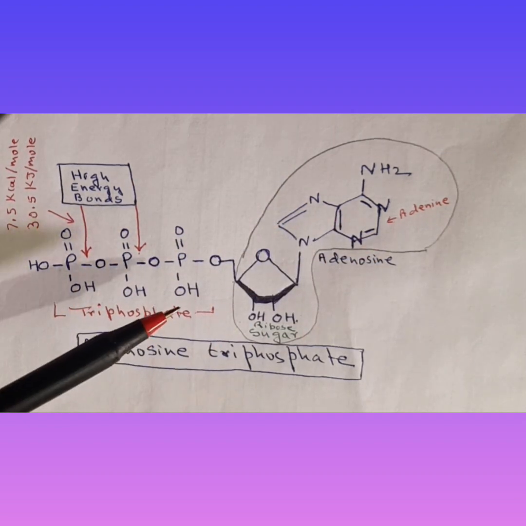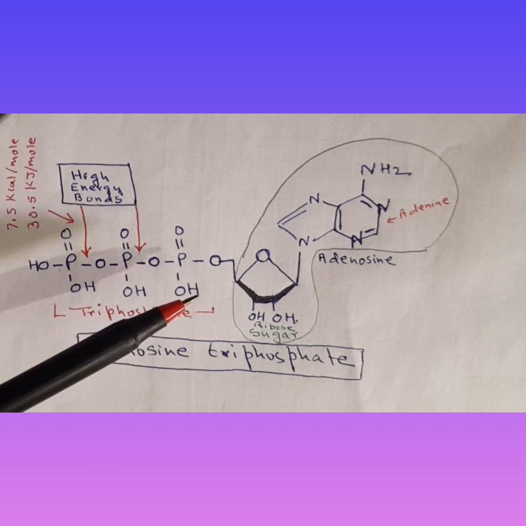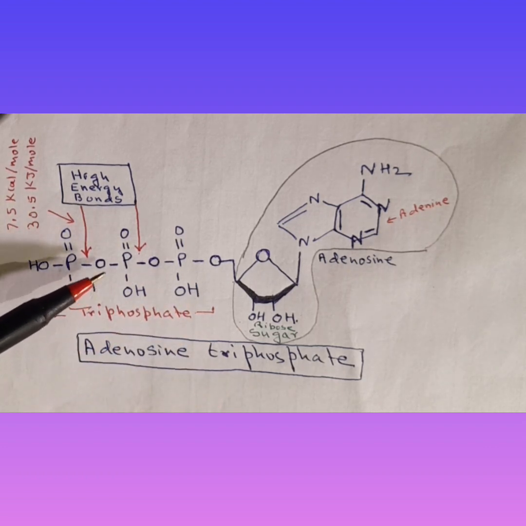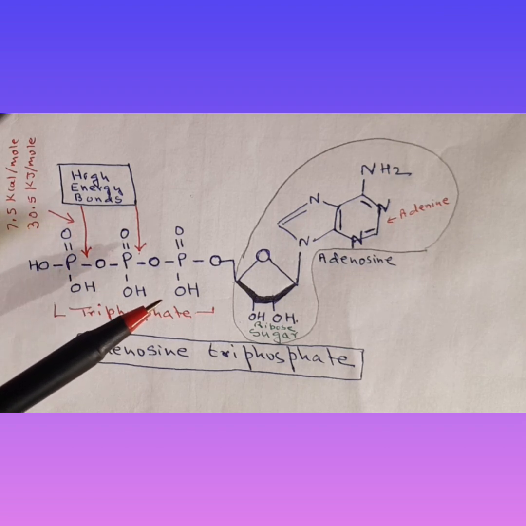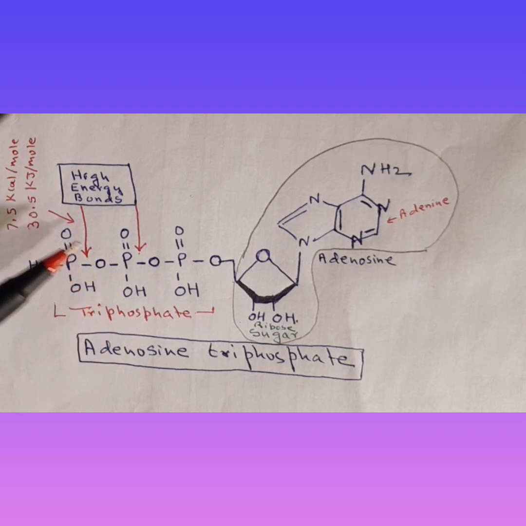So adenosine triphosphate. All right, now what happens is, suppose this ATP hydrolyzes and liberates one phosphate. So ATP gives you ADP, adenosine diphosphate, plus inorganic phosphate, plus it gives this energy, 7.5 kilocalorie per mole, or in terms of joule it would be 30.5 kilojoule per mole. Now that's the energy which it liberates along with one inorganic phosphate.